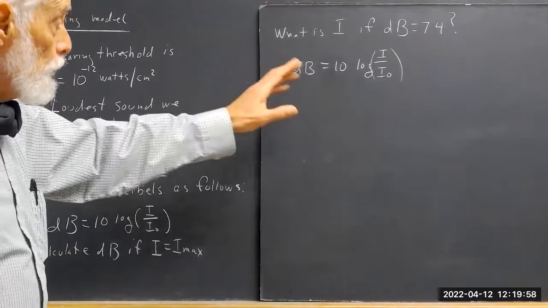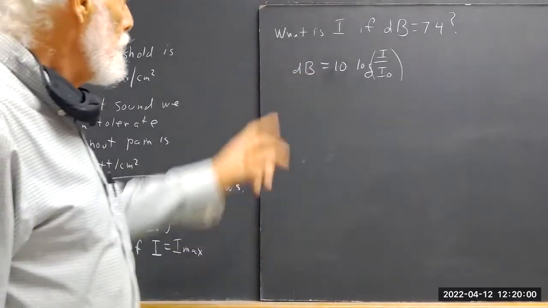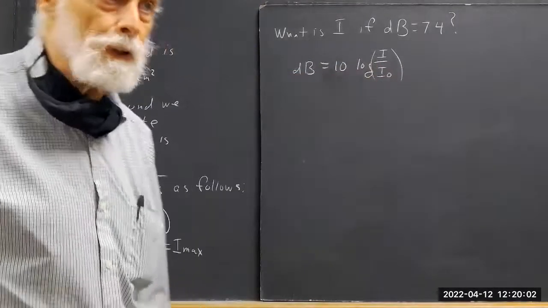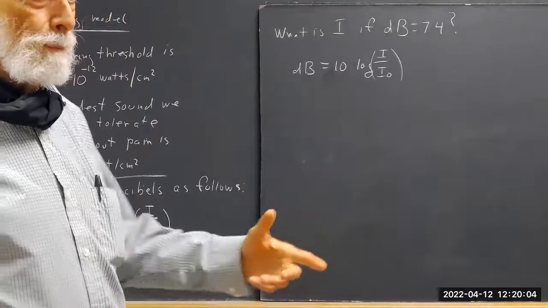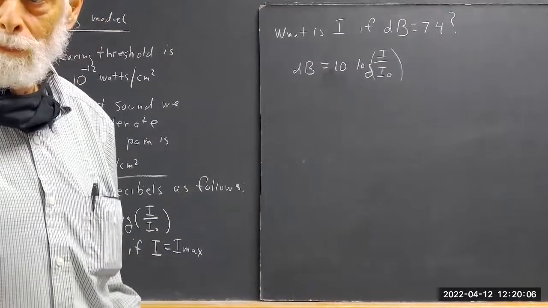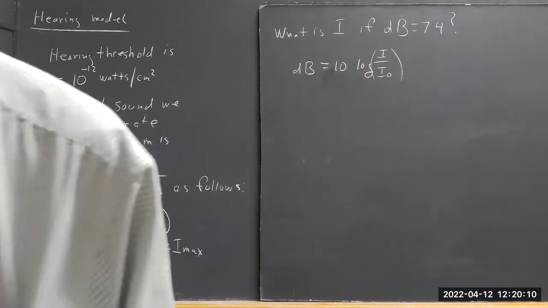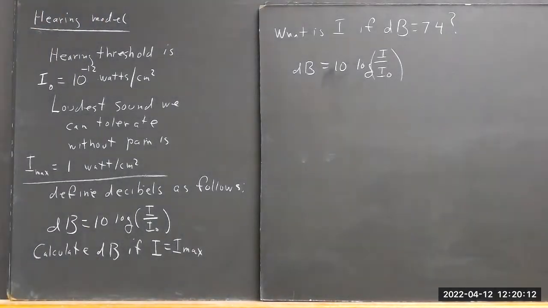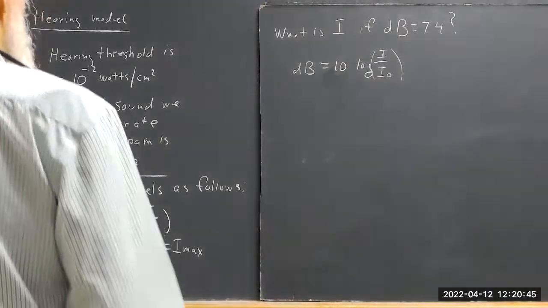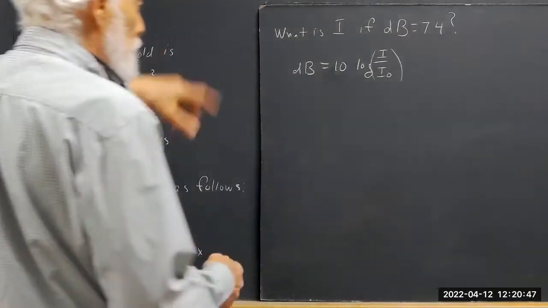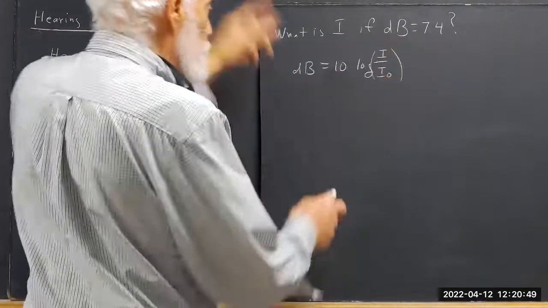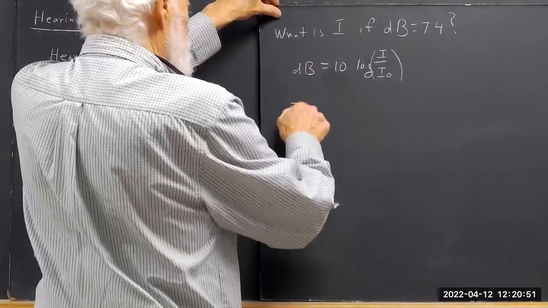Now, what term or terms can we substitute for in this situation? Let's talk about that, because we don't have time to ask you to work on it. Okay, so we know dB, it's 74, so instead of dB, we write 74.